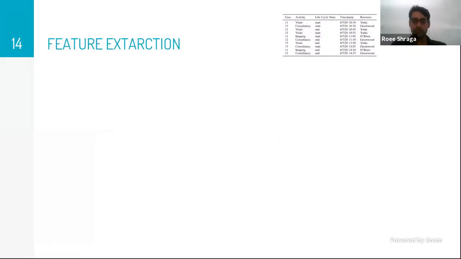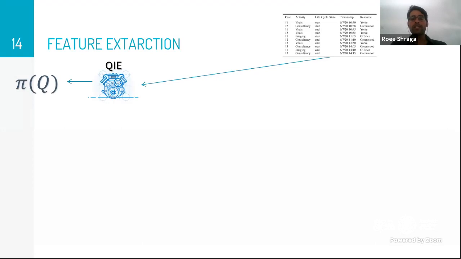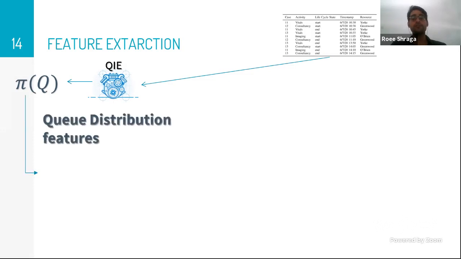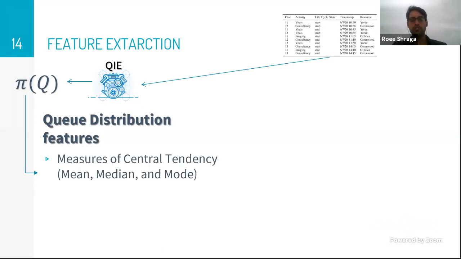After briefly describing the QIE, we now turn to the feature extraction. Having an input event log, we first use a QIE to generate a queue-length distribution. Since one cannot simply feed a distribution as a feature representation, we offer the following set of features. We divide these features into 3 groups. The first includes features that capture the central tendency of the distribution.